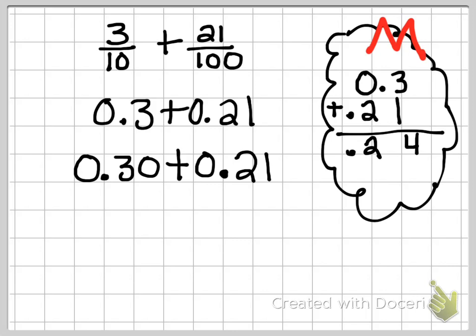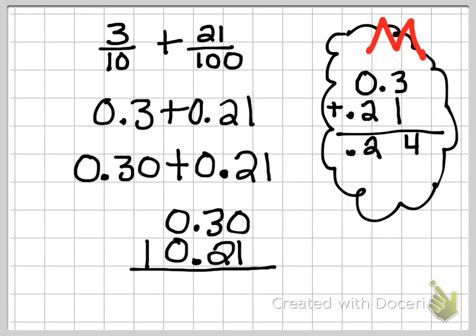Okay, so now we rewrite this. And this is where place value comes in. The decimals are lined up. The place values are lined up. We have the hundredths.